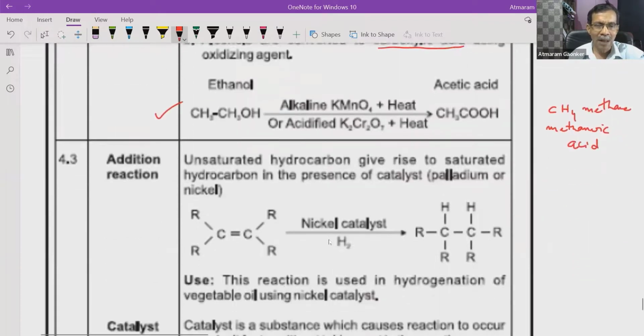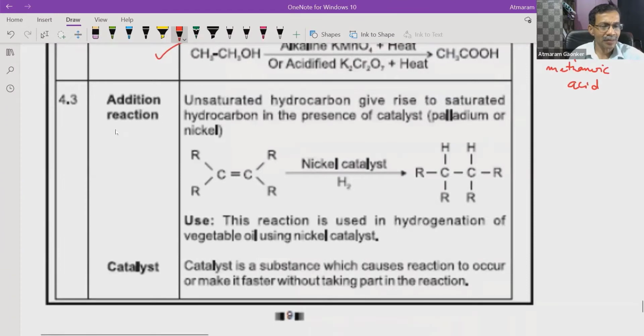And the last one is the addition reaction. What happens here: if you have an unsaturated hydrocarbon, for example, this is an unsaturated hydrocarbon because there is a double bond. An unsaturated hydrocarbon gives rise to a saturated hydrocarbon in the presence of a catalyst.